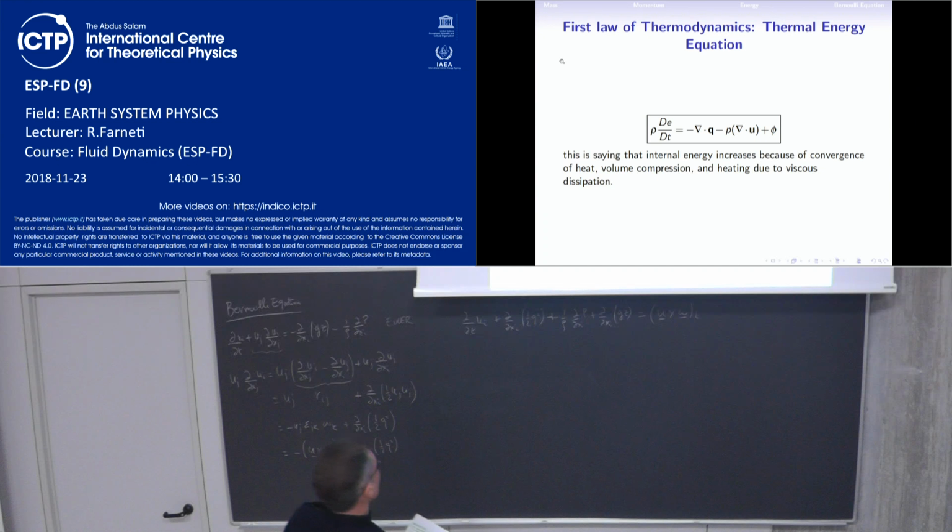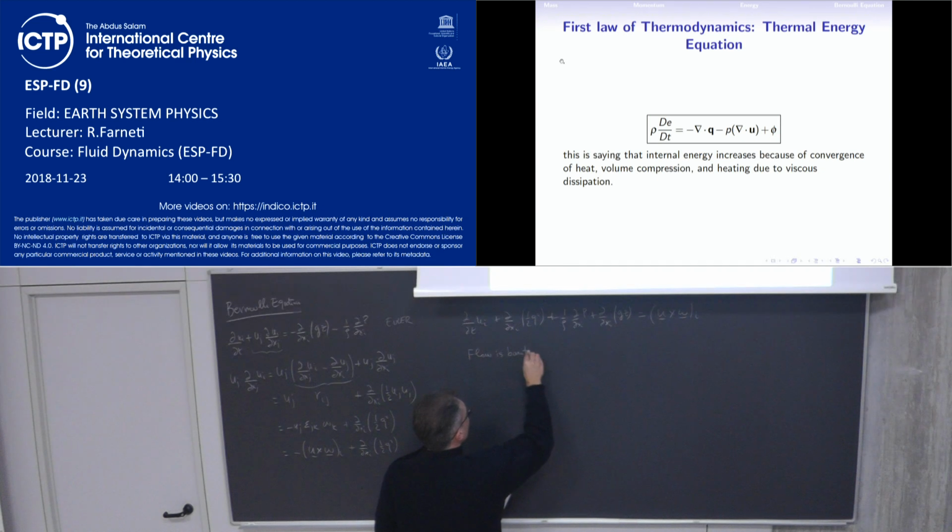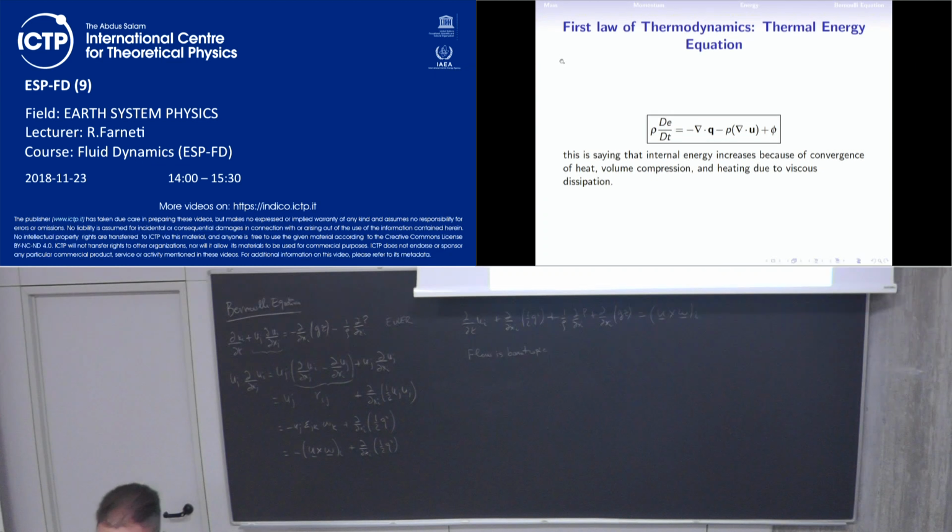Now we're going to make an assumption, and the assumption is that the flow is barotropic. Barotropic means that density only depends on pressure. So density is a function of pressure only. It's a strong assumption, but we will see that eventually it's going to be a valid assumption because we're going to stay on a streamline.